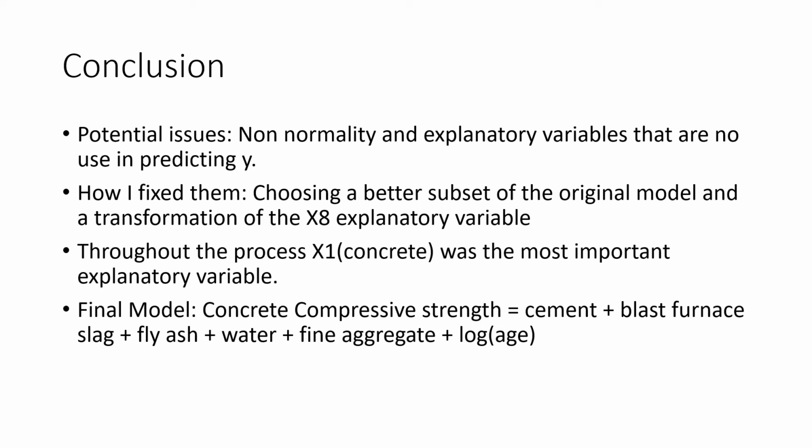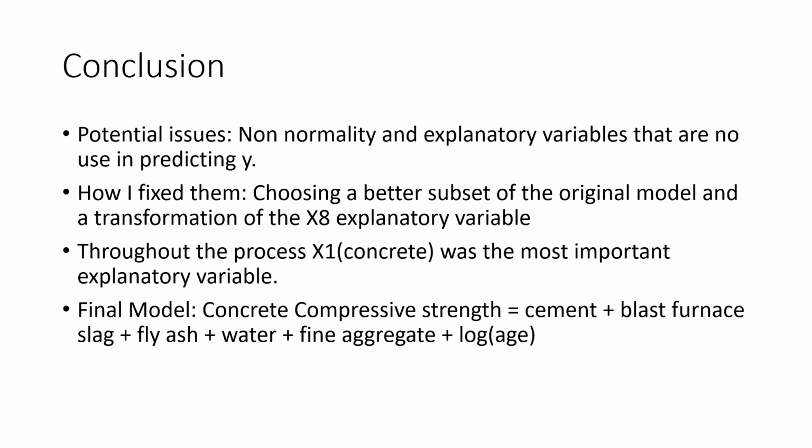For my conclusion, I'll just go over what I went through throughout the presentation. I started out by addressing some potential issues, which was the non-normality and explanatory variables that were not needed for predicting Y. I fixed them by choosing a subset of the original model and then transforming the X8 explanatory variable.